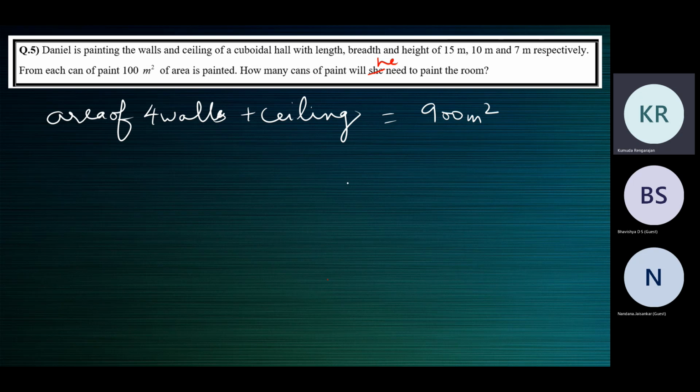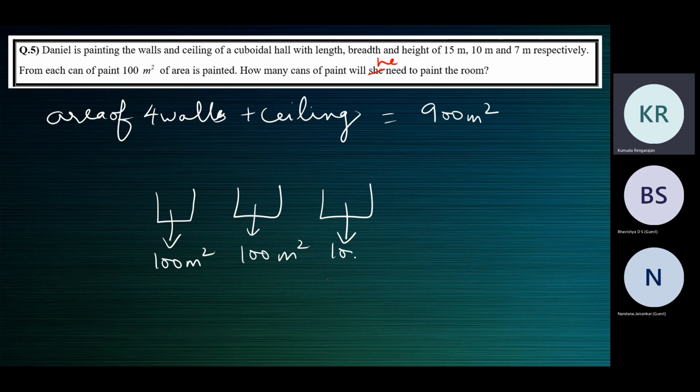What is Daniel given? If he uses 1 can of paint, he can paint 100 meters square area. From another similar can, he can paint another 100 meters square. And using another can, he can paint 100 meters square. So now to paint a total area of 900 meters square, how many cans of paint should he buy?